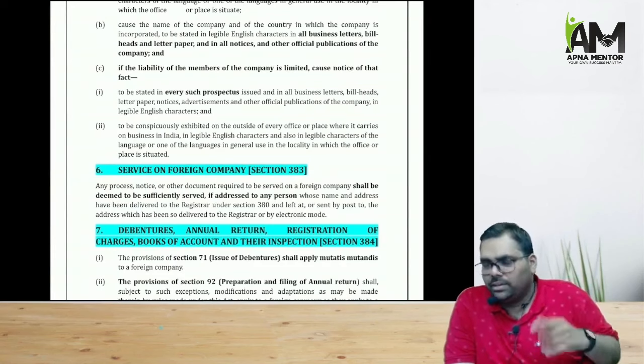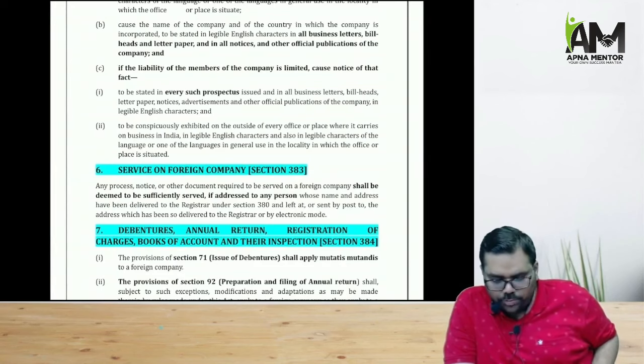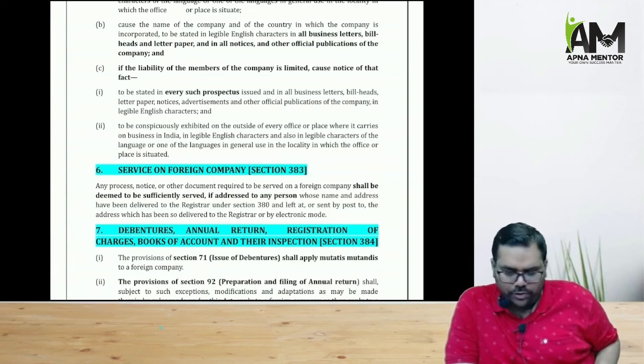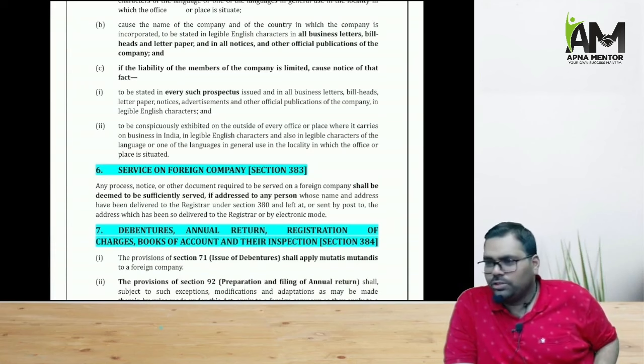So any process, notice, or other document required to be served on a foreign company. Whom will it be sent to? Think logically. Any member has to give some notice to the foreign company, or any document is to be served to the foreign company. Then where will it be sent?